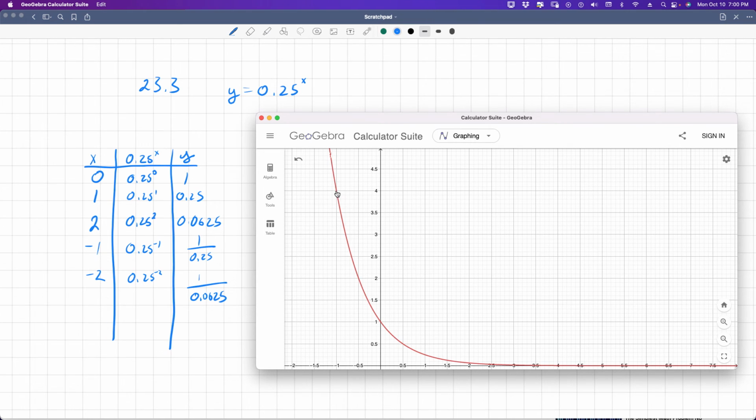X is -1, and we have 1 over 0.25 here. This is 4. Oh, 1 over 0.25.